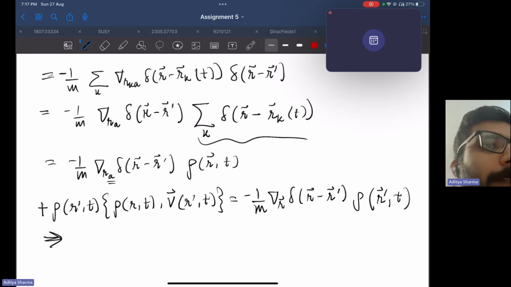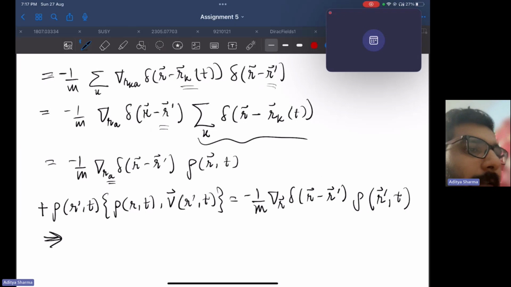Just R. So if I had written this as Dirac delta of R minus R prime and this R_k, and if I were to interchange this R_k and R prime, then I'll get this, and I'll have an R here. But I will have the same thing to change. So I should have added R prime here.